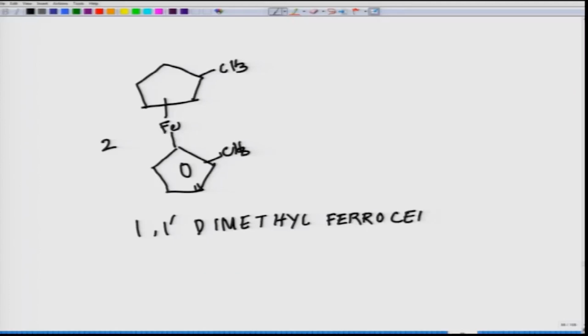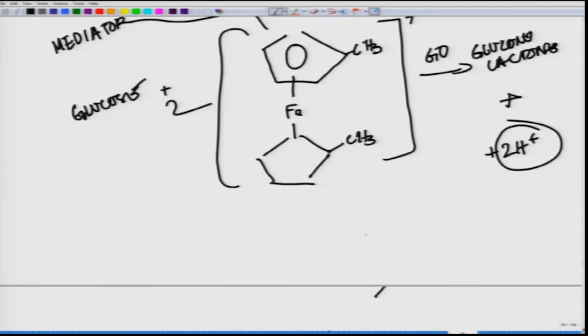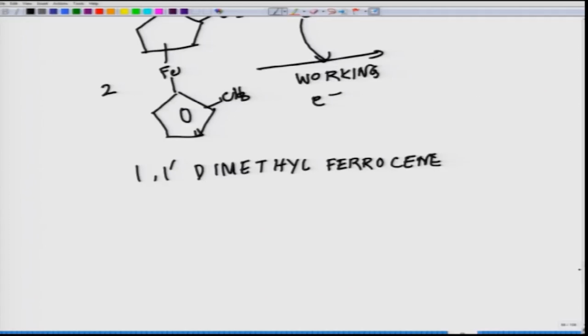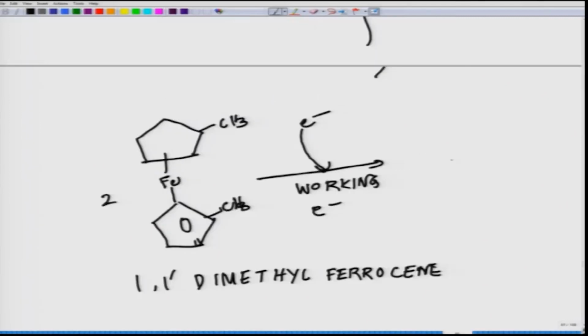You give an electron to this dimethylferrocene at the working electrode. So, you are basically injecting current to it and again making it the dimethylferrocenium cation.